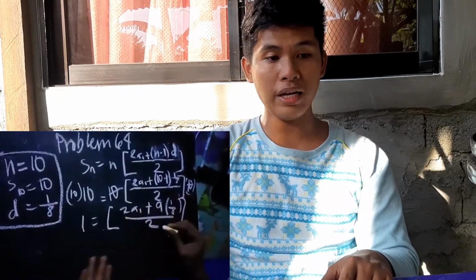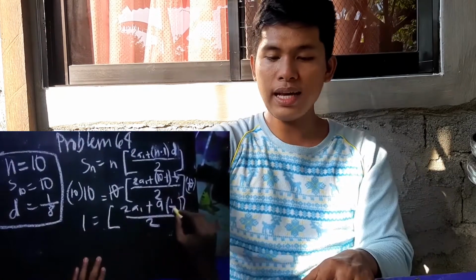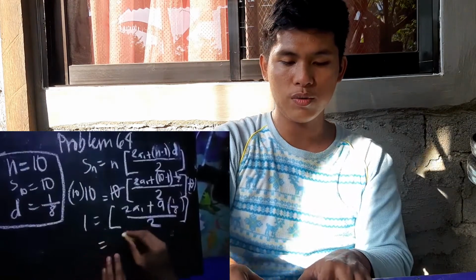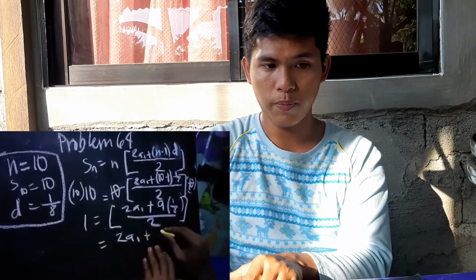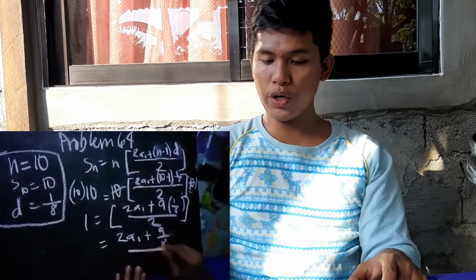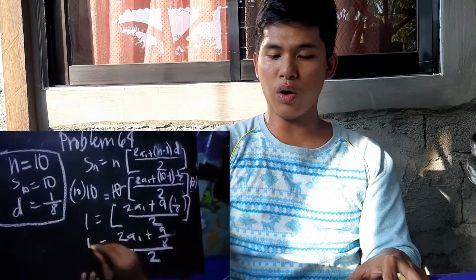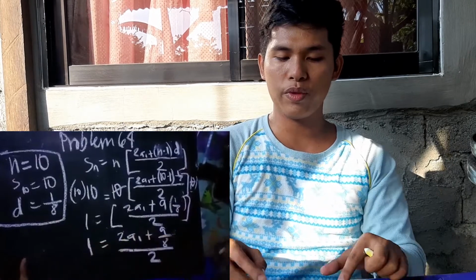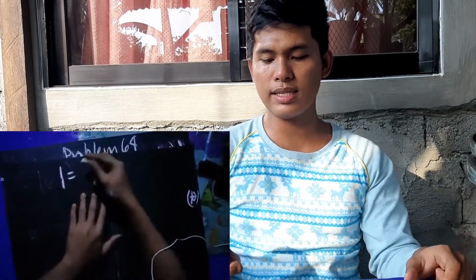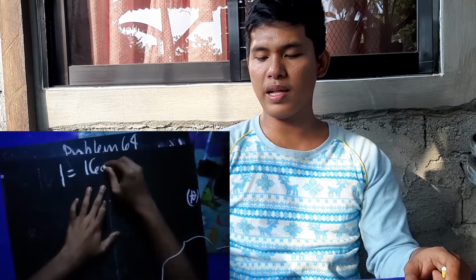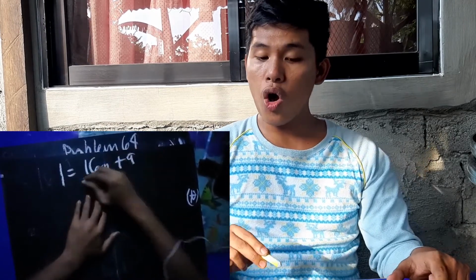After that, we calculate again: 9 times 1/8 is equal to 9 over 8. And then we add 2a1 plus 9/8. So it would look like this.